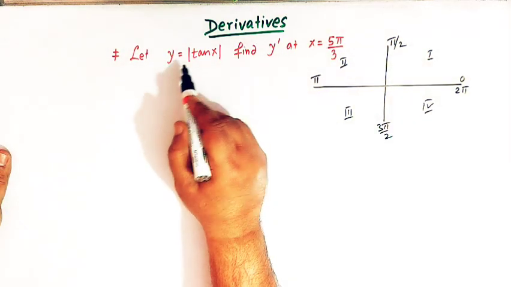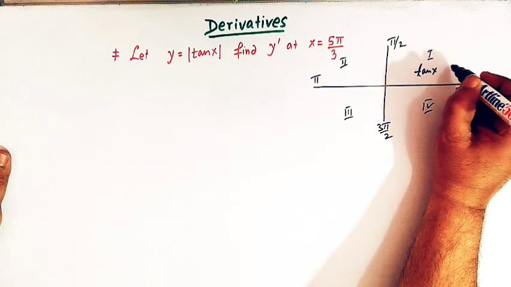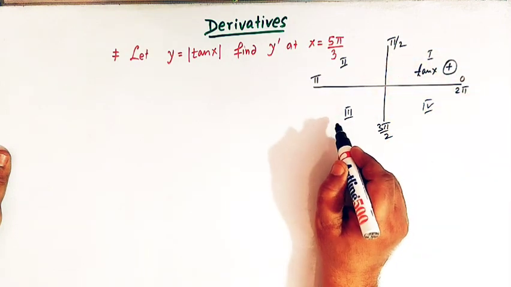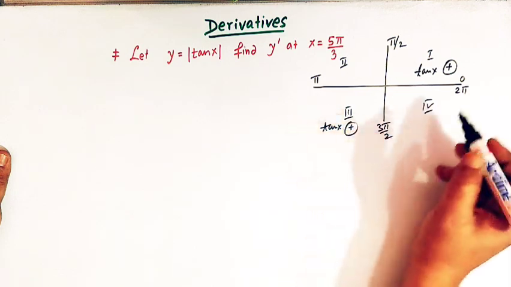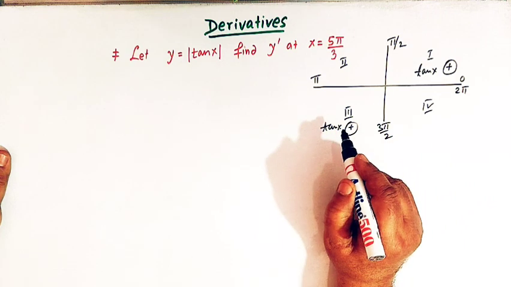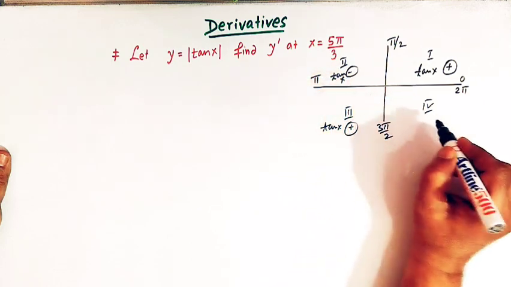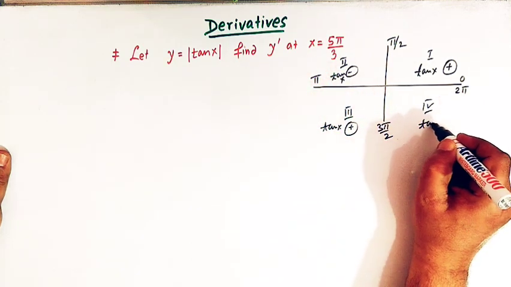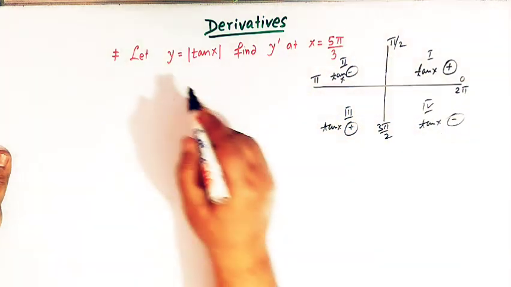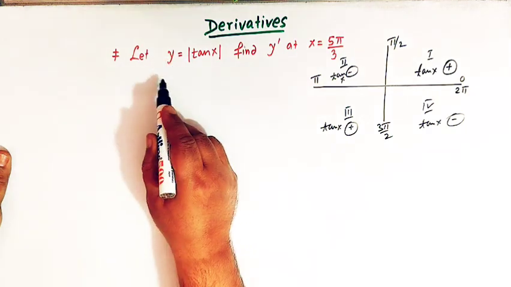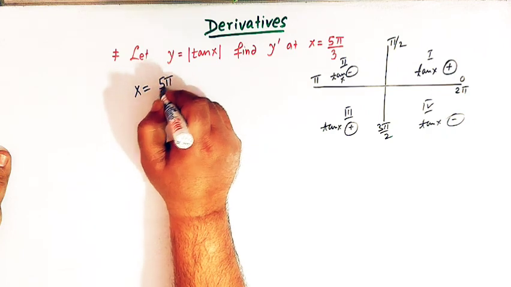We know that the tangent function is positive in the first quadrant and in the third quadrant, and negative in the second quadrant and in the fourth quadrant, right? So we'll use this concept to find the derivative of y with respect to x at this point, that is 5 pi by 3.